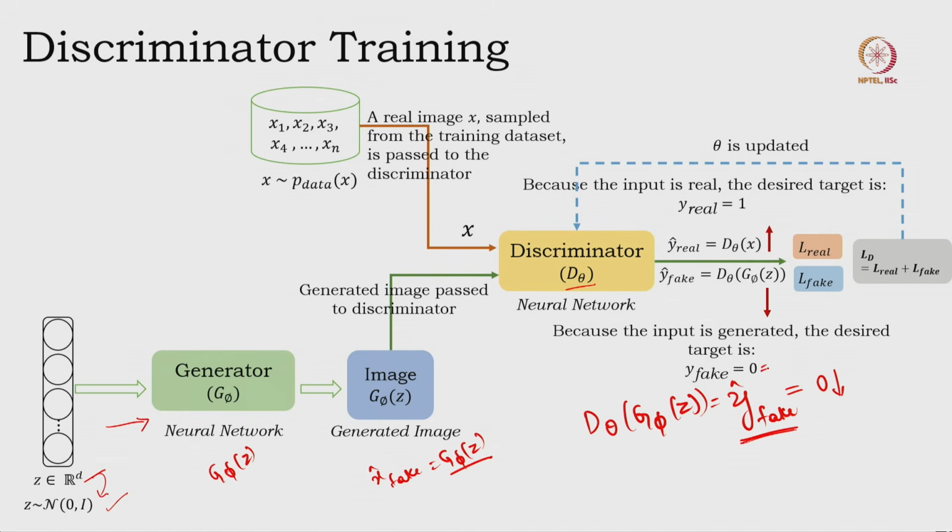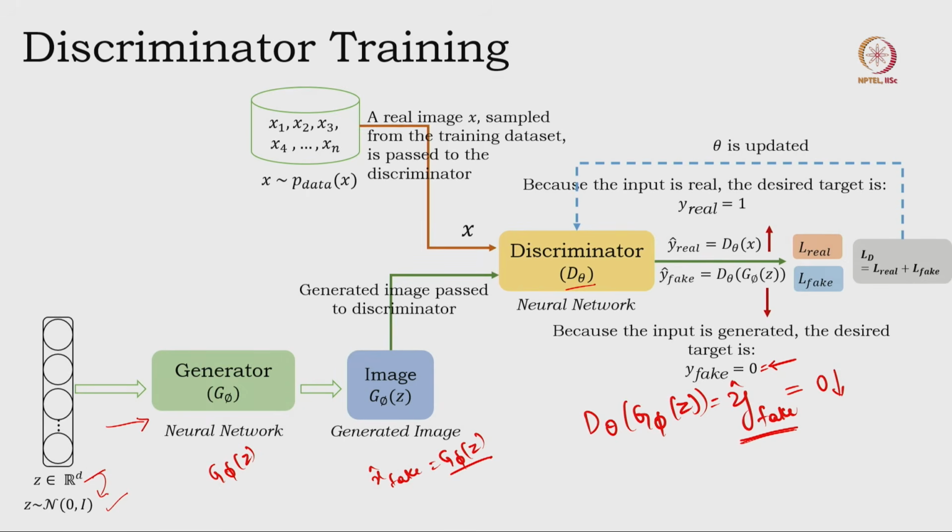Now, do not get confused. Earlier we said it as 1, but that is for a generator, but here it is a discriminator. For a discriminator, when you pass the generated image, its target value should be closer to 0. Therefore, the y fake value here is closer to 0.